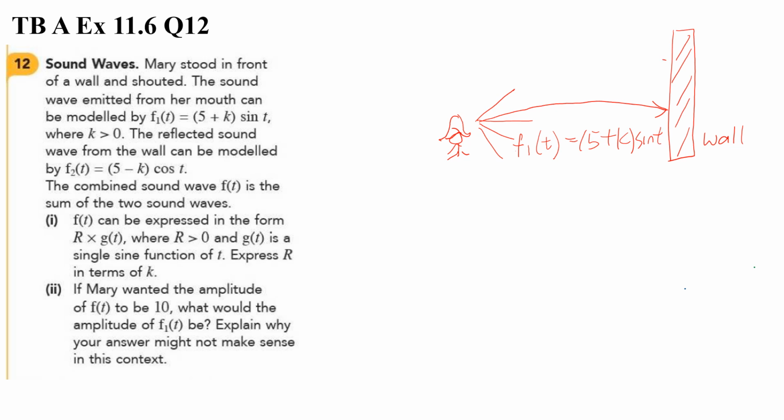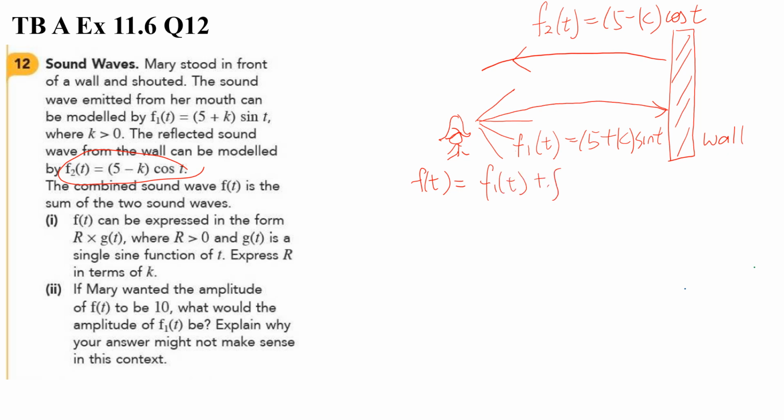When the sound bounces back like that, it can be modeled using f2(t). Then f(t) will represent these two sounds added together: f1(t) plus f2(t) gives you f(t).